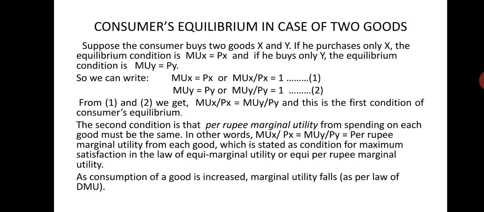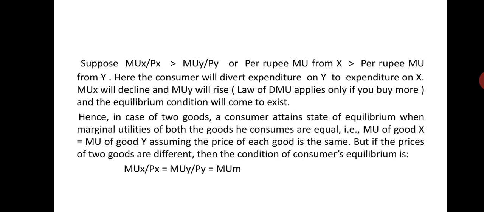From the law of diminishing marginal utility, we know that when a consumer goes on consuming more and more units of a commodity, he gets less and less satisfaction out of it from every successive unit. So we know this, right?